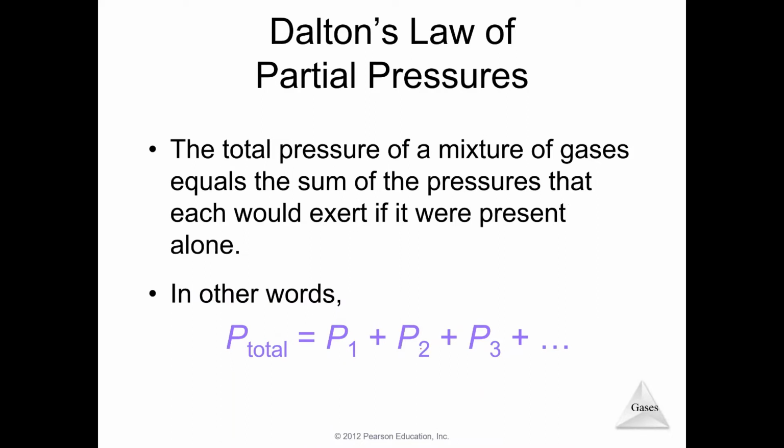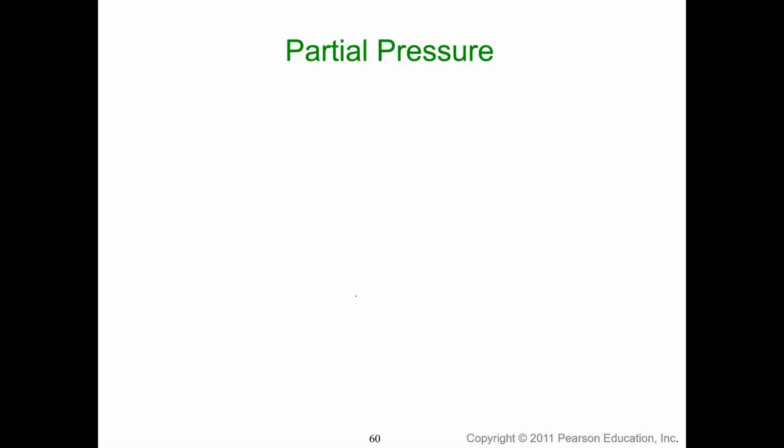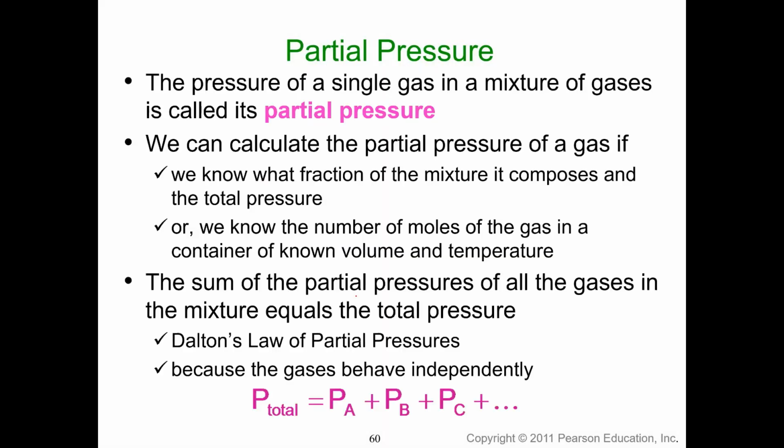P1, P2, P3 stand for the individual partial pressures, so it doesn't matter which one is designated 1, 2, 3, 4, 5. And when you look at the total pressure, the P total concept is clear from this statement and from Dalton's law of partial pressure.